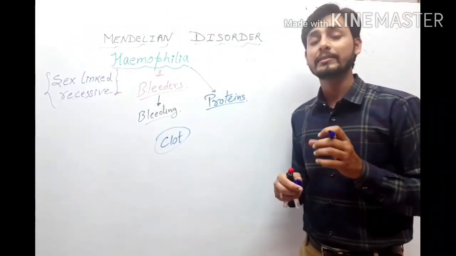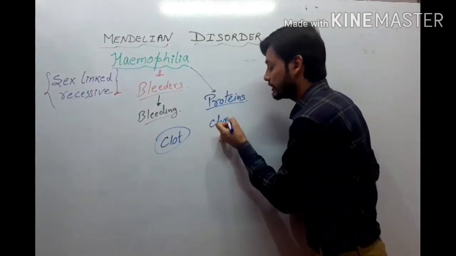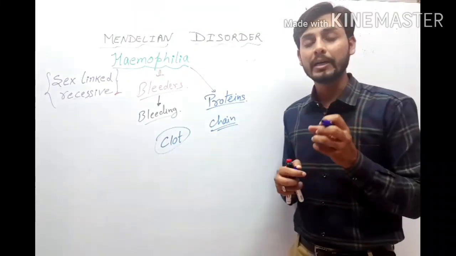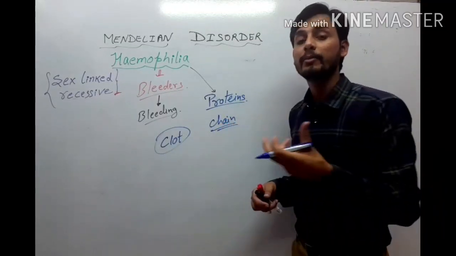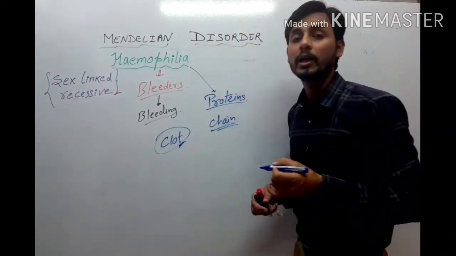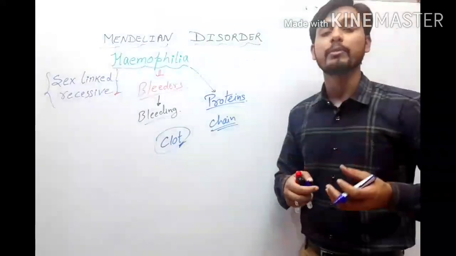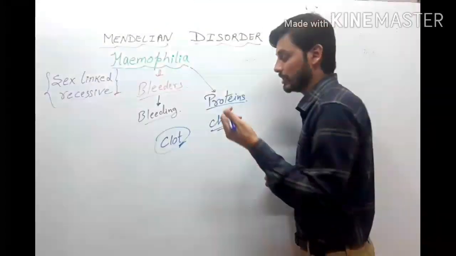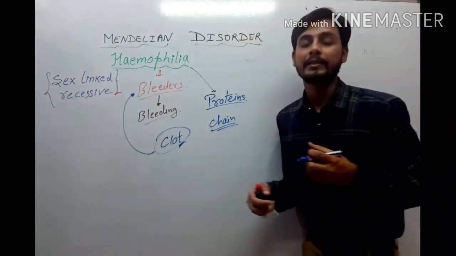These proteins form a cascade, or simply a chain, which is helpful in blood clotting. But because of the disorders of these proteins, the chain cannot be formed. As the chain has not been formed, they are unable to clot the blood. When the clot is not formed, there will be a very large loss of blood, even from a minute cut.